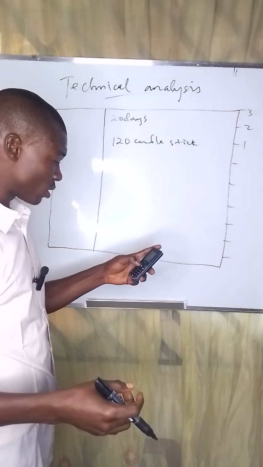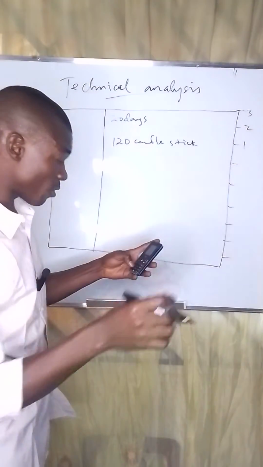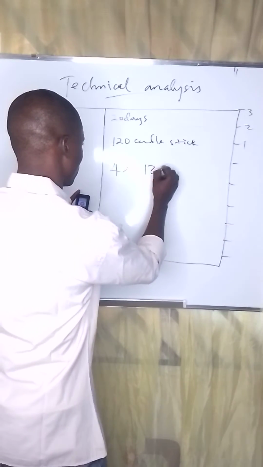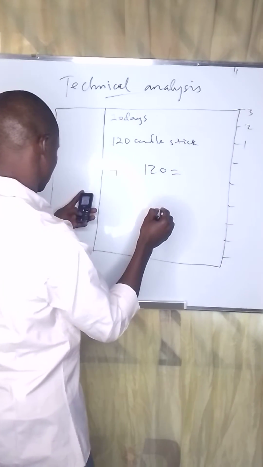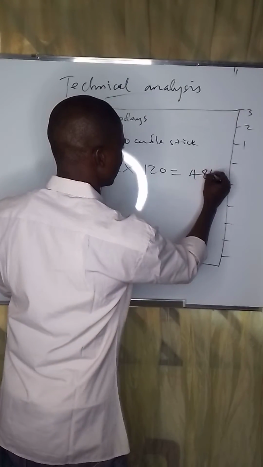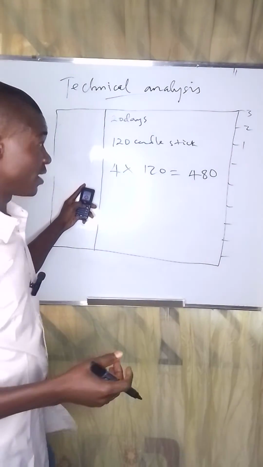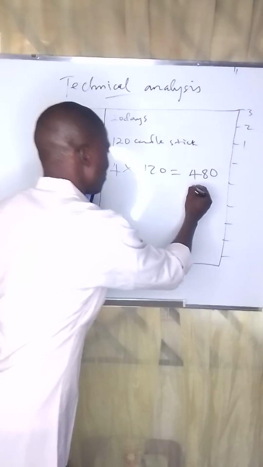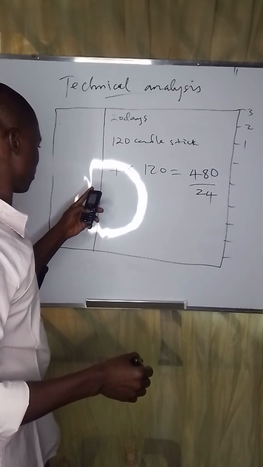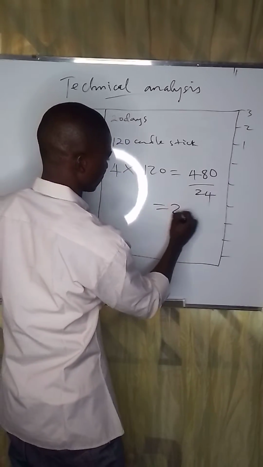Very simple calculator. 4 hours times 120 is equal to 480 hours, right? Then converting it to days, we simply divide by 24. Now 480 divided by 24 is equal to 20 days.